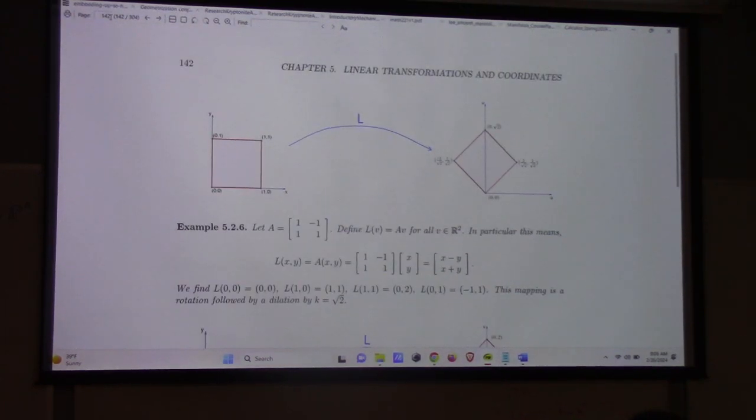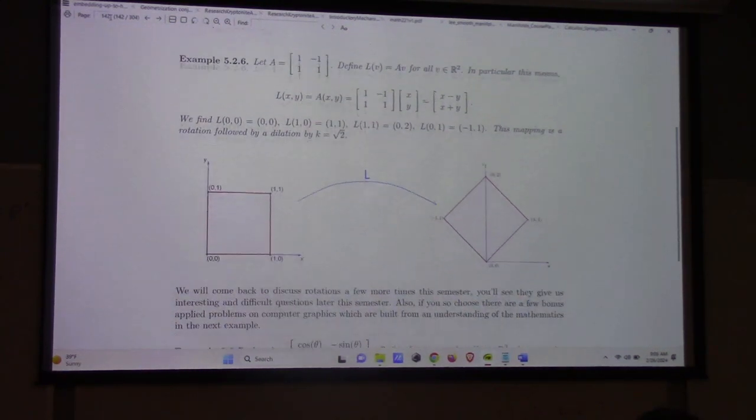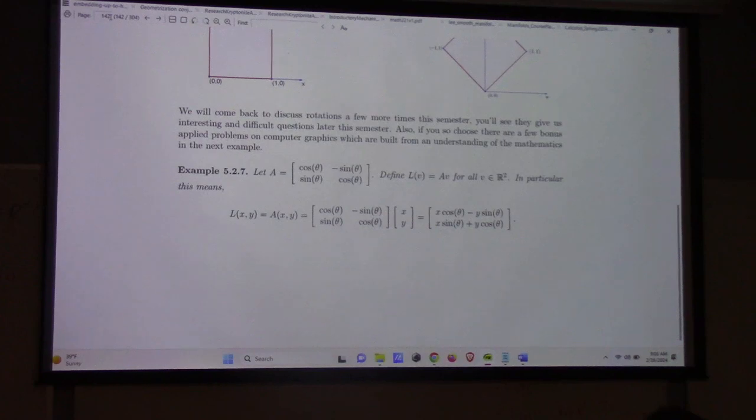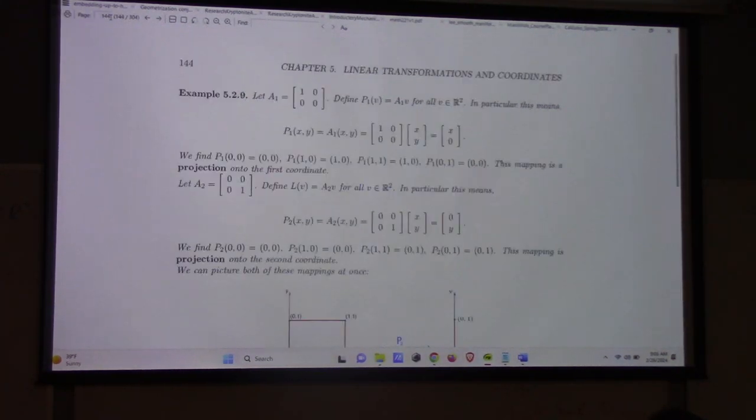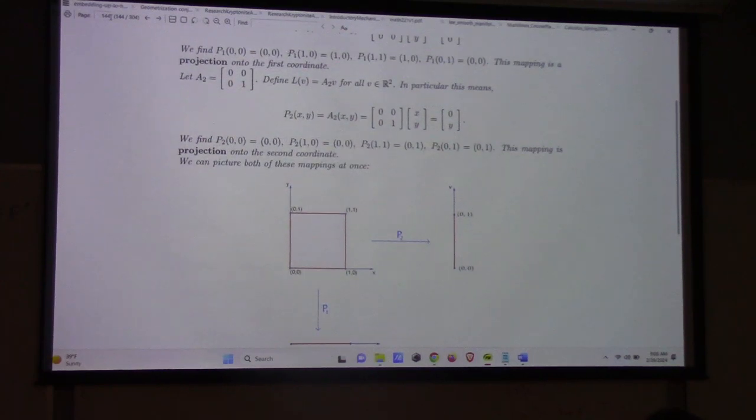The one with 1 over root 2, the rotation matrix, rotates, shockingly. Let's see here, arbitrary angle. And here's the projection. The projection will squish either that way or that way. Those are different projection maps.